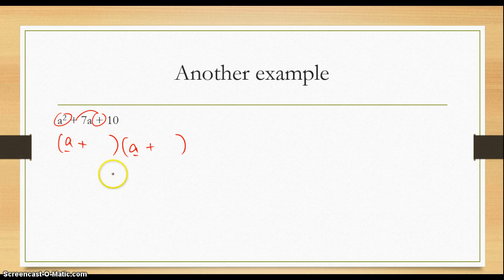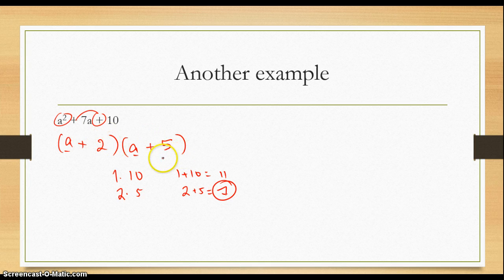Then I find factors of 10, which are 1 and 10, and 2 and 5. Then I add them together. And I see that 7 is my middle term, so I know that it is 2 and 5, or 5 and 2. Use FOIL, use box method to double check your work.